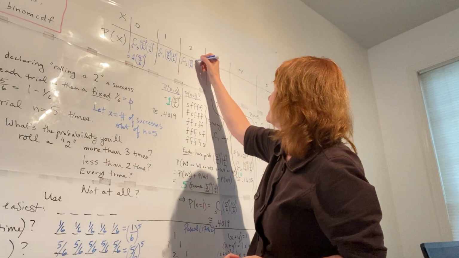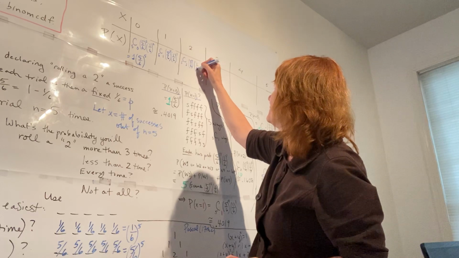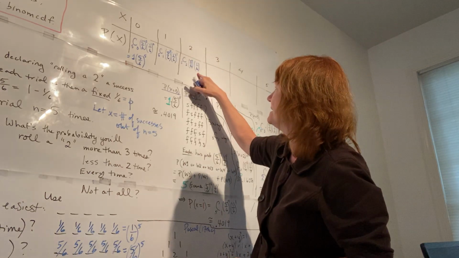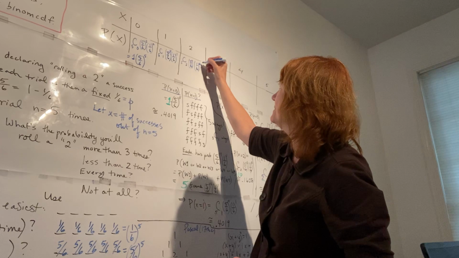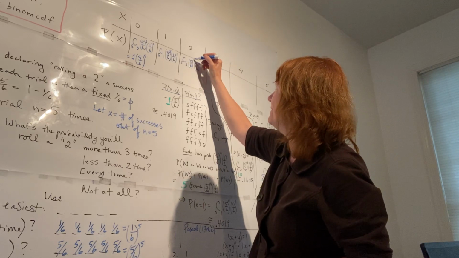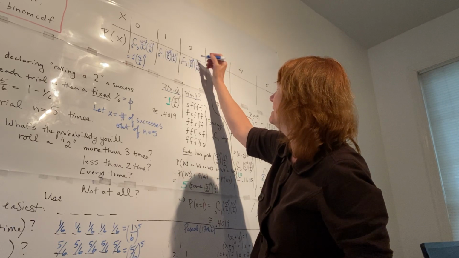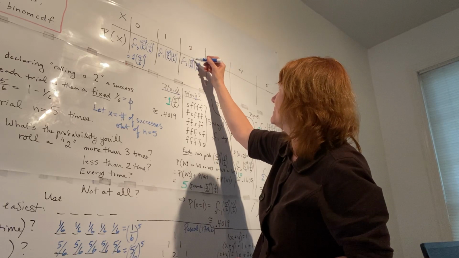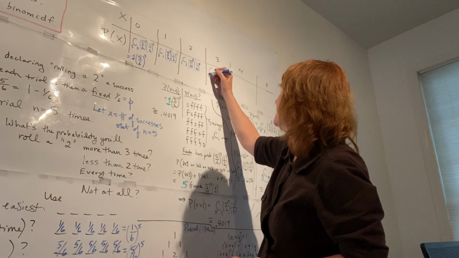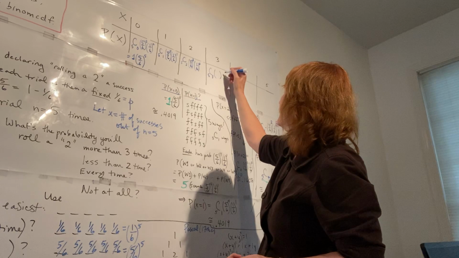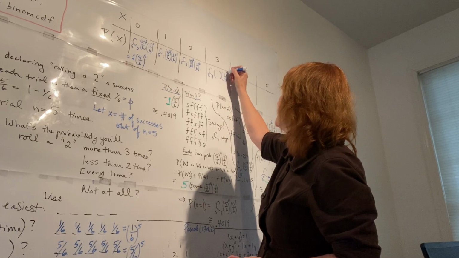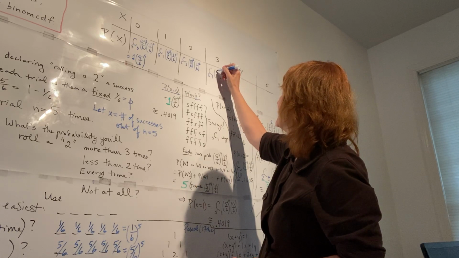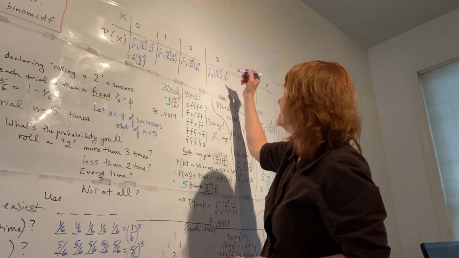First of all, just make sure that the 1/6 probability of success is the same thing as this number, and then n minus x, n is 5, minus 2 is 3. 1/6 has to be raised to the 3rd power, so 5/6 has to be raised to the 2nd power.